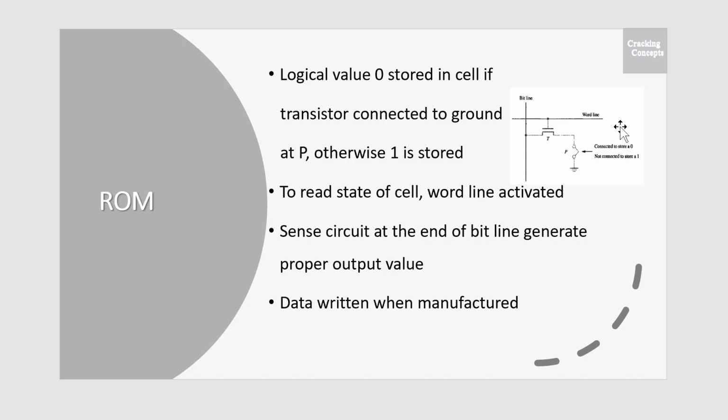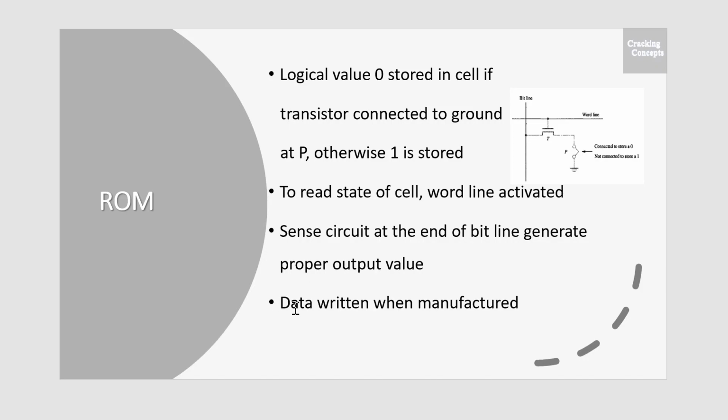Thus, the transistor switch is closed and the voltage on the bit line drops to near 0 if there is a connection between the transistor and the ground. If there is no connection to the ground, the bit line remains at high voltage, indicating a 1. A sense circuit at the end of the bit line generates the proper output value.